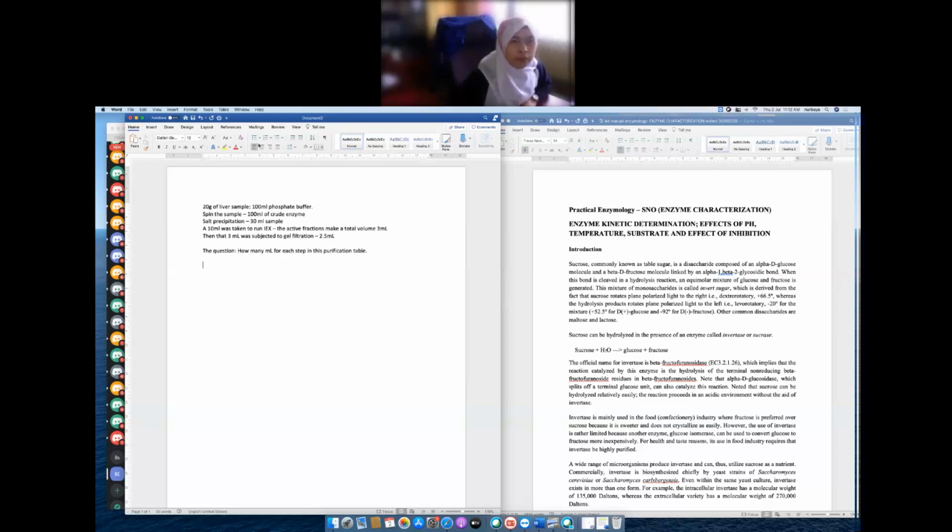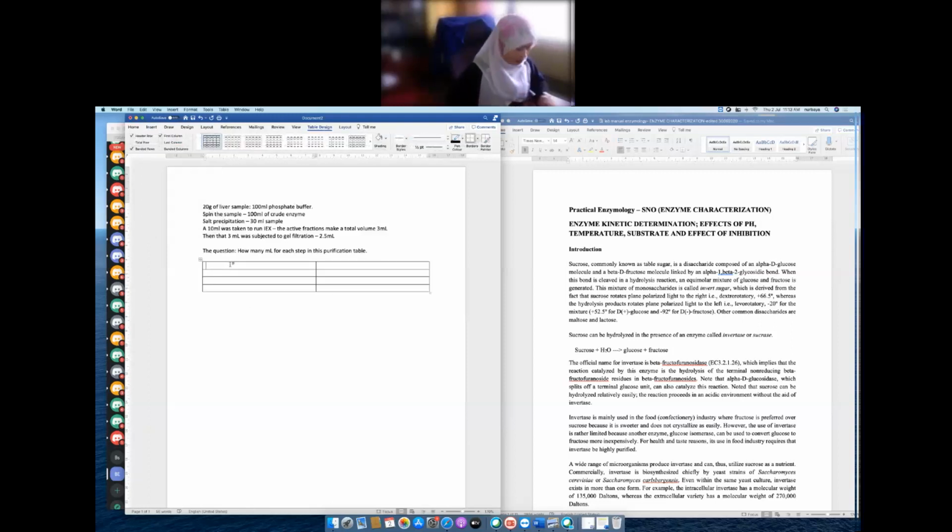Okay, I'm going to prepare the table here so that you get some idea. It will be insert table, and then it will be step here, and then this one will be the volume. So I'm giving you the first answer for the first step, which is we have crude, and from the crude we have 100 ml.